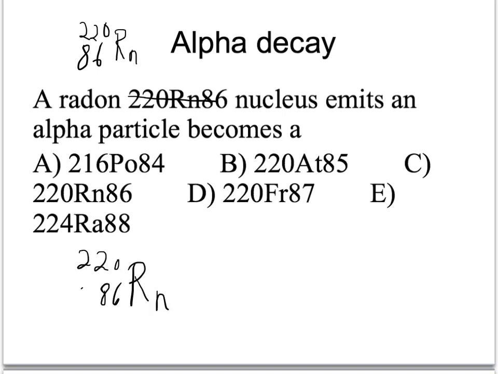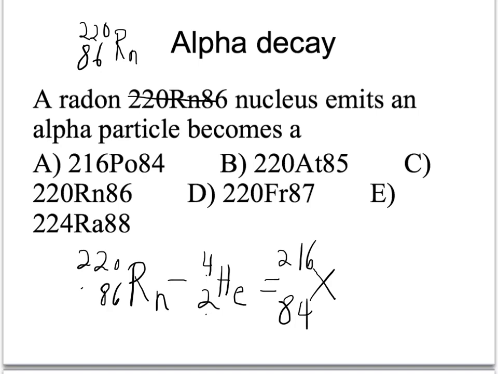We know alpha decay means that it emits a helium isotope with 4 as its atomic mass, so 2 protons, 2 neutrons. 2 is its atomic number. And we will get out some element, so we don't know what it is yet, that has an atomic number 84 and an atomic mass 216.